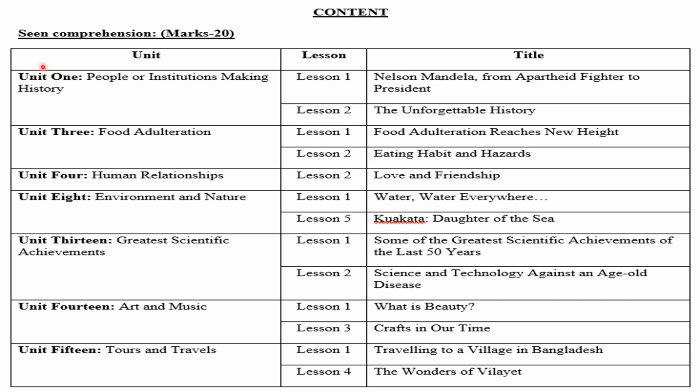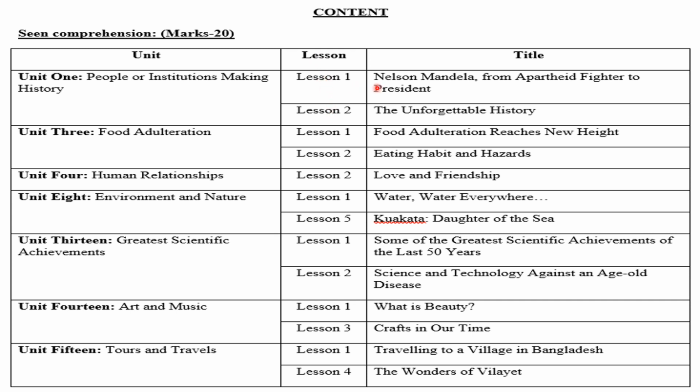In the table we can see unit, lesson, and title. The first unit is Unit 1, People or Institutions Making History.